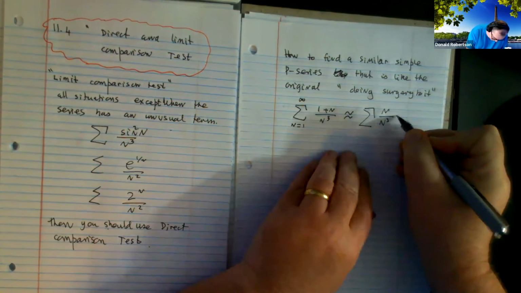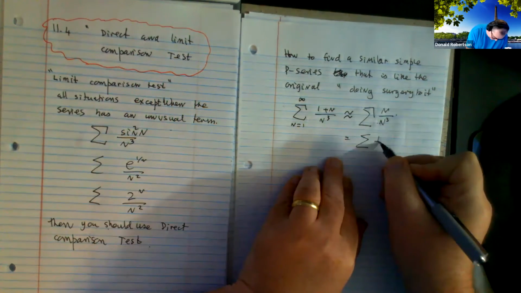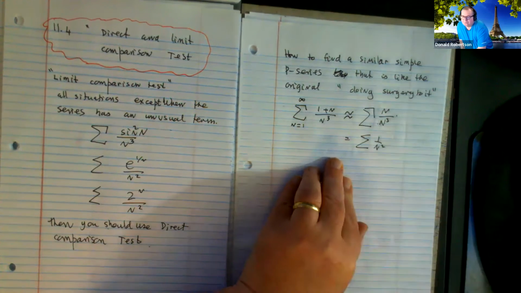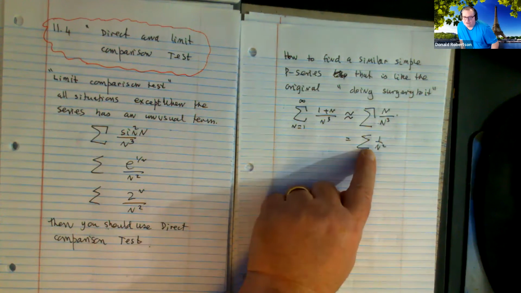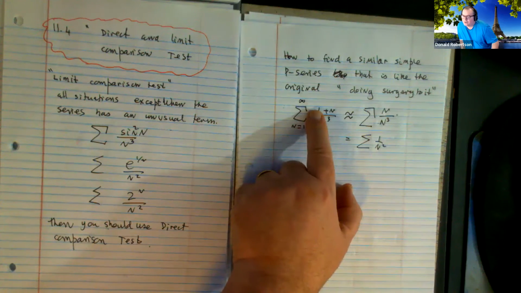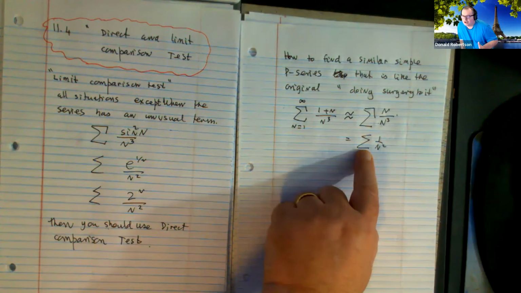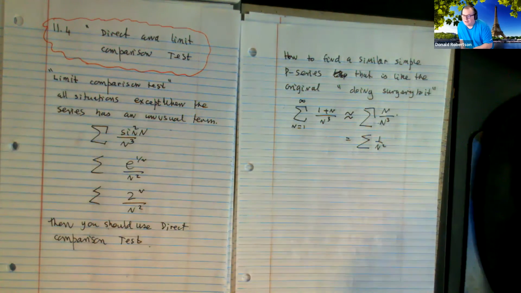Do you see that this is the simplified version of the original? Does that make sense? This is what happens with surgery: you basically cut big chunks off, and leave behind the essence of what that series is.